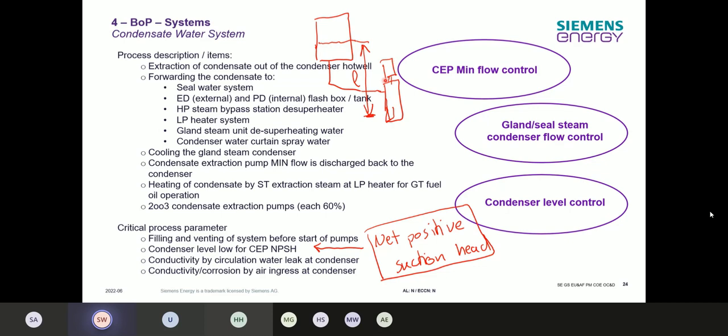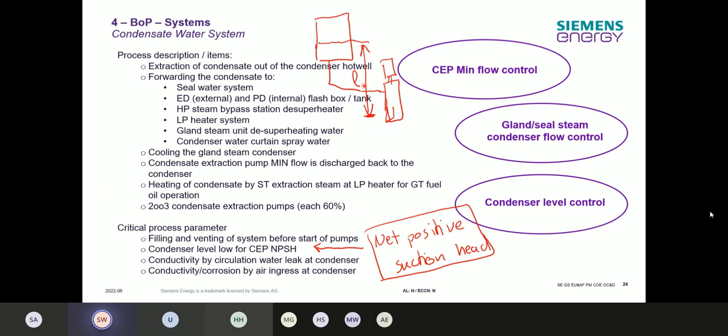That's also a criterion for the condensate extraction pump, so that the pump is not started before the level is there. When you do not have the right amount of pressure, it can lead to cavitation, and cavitation, of course, can lead to big problems on the impeller over here.